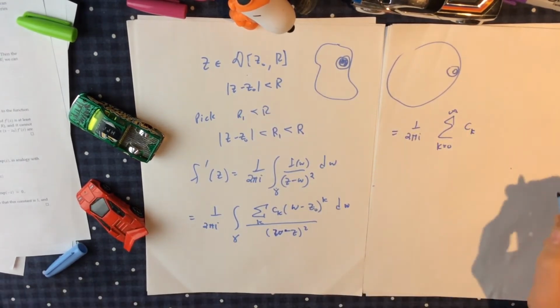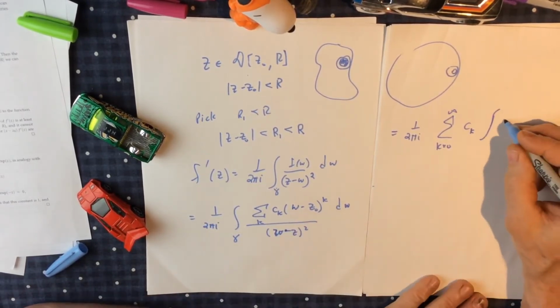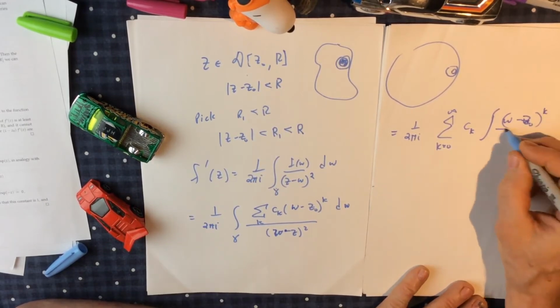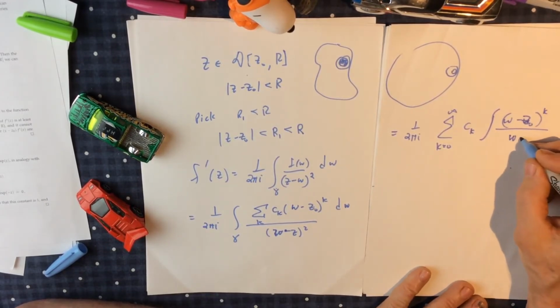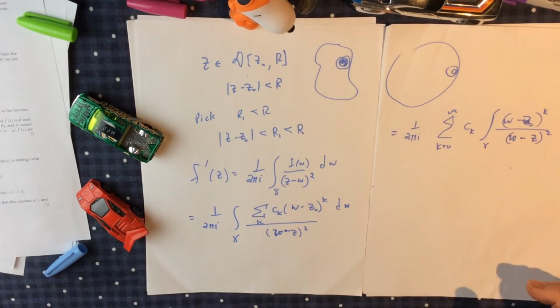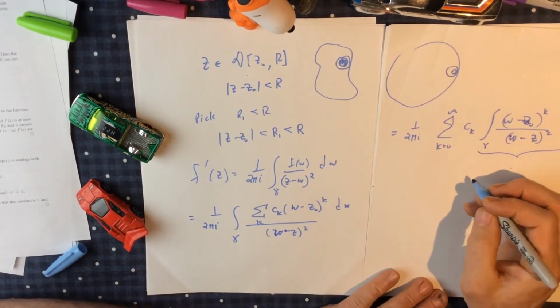The c_k comes out in front, and then we have the integral of each one of these terms, (w minus z naught) to the k over (w minus z) squared dw over some gamma. Now, what we just need to observe here is that this is the derivative of w minus z naught.